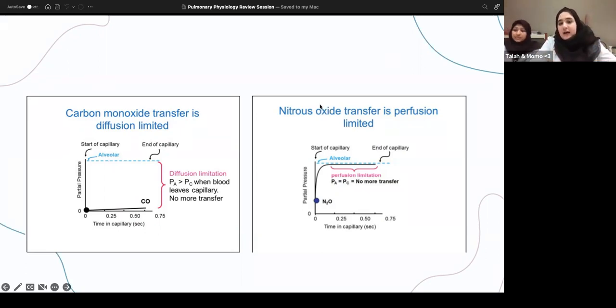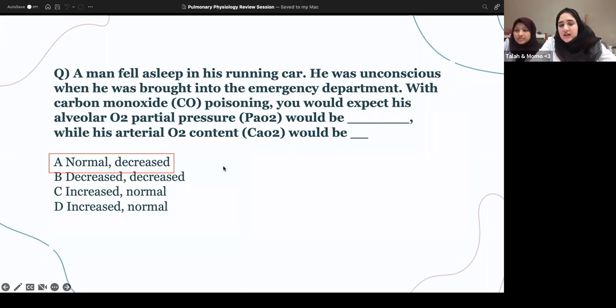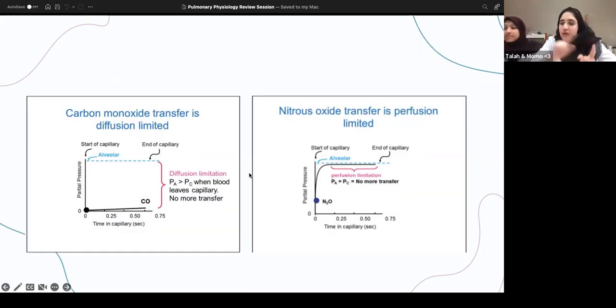But oxygen is perfusion limited because we have a lot of oxygen in our lungs, and how much oxygen we have in the lungs does not really affect the arterial O2, because it depends on the blood flow. Is it rapidly flowing or slowly flowing?